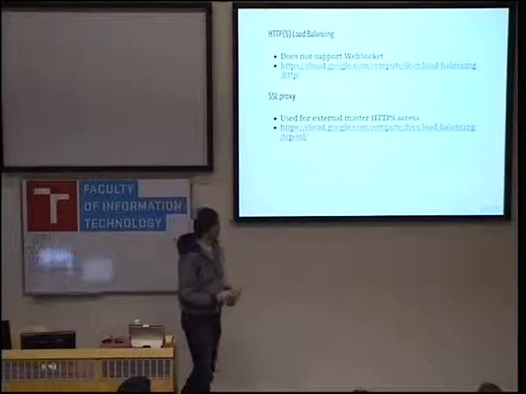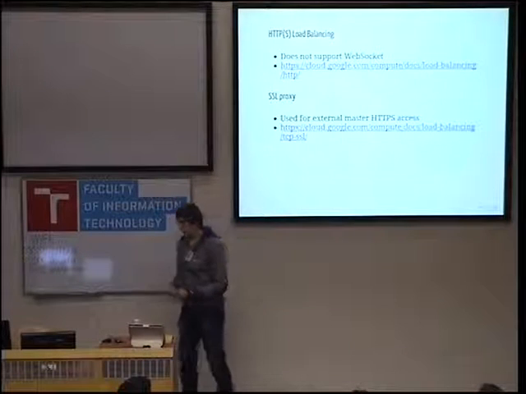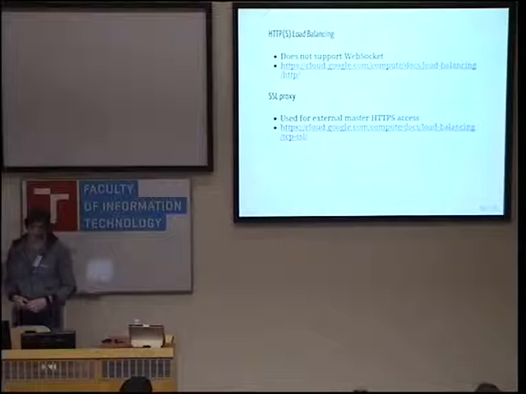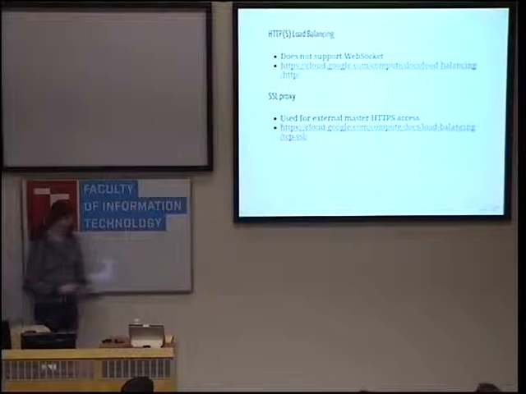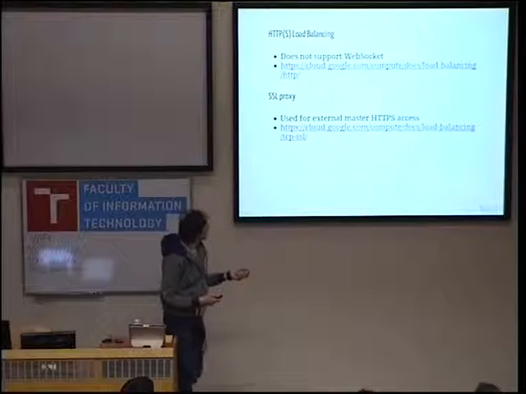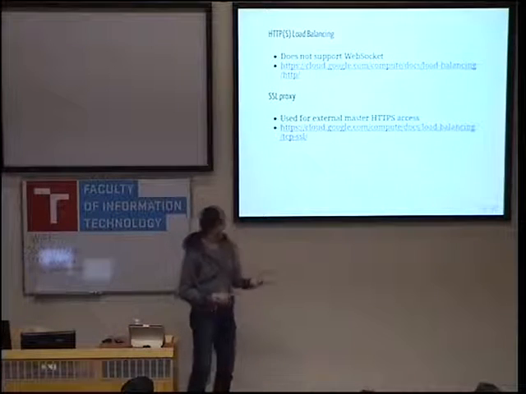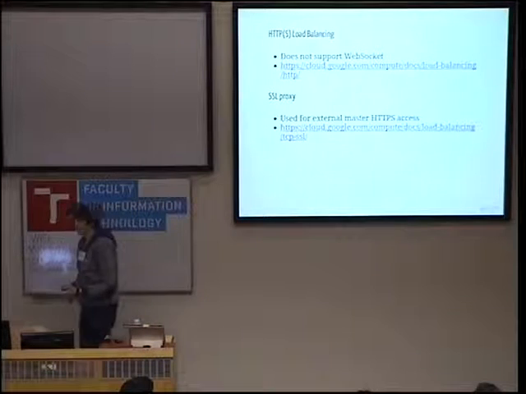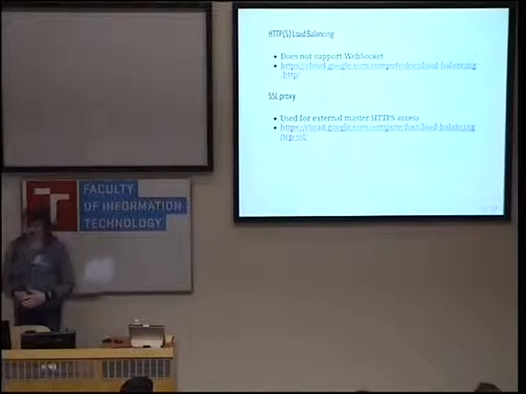So we switched to SSL proxy. This was pretty fine, and it's enough for our needs. There is a single certificate in Google Cloud Platform, which is served by Google, and the instances don't know about it, and that's perfectly fine.